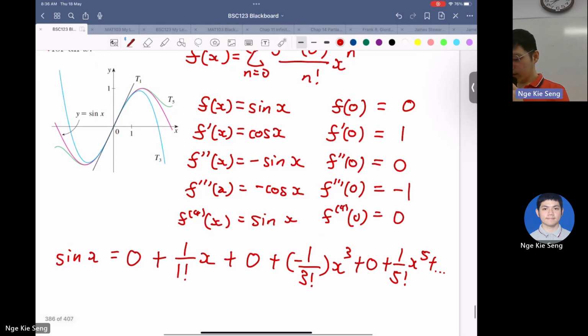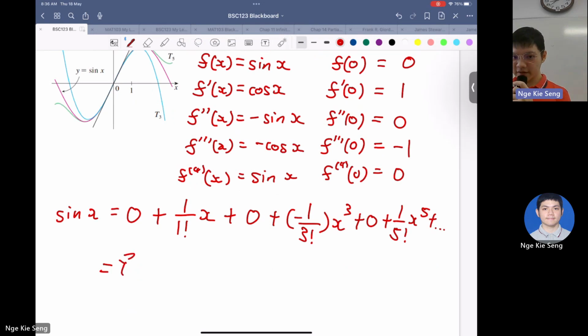Can you try and write a formula for this sum here? Minus 1 to the power n, and then?